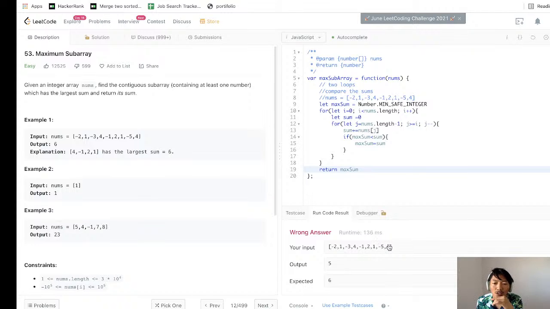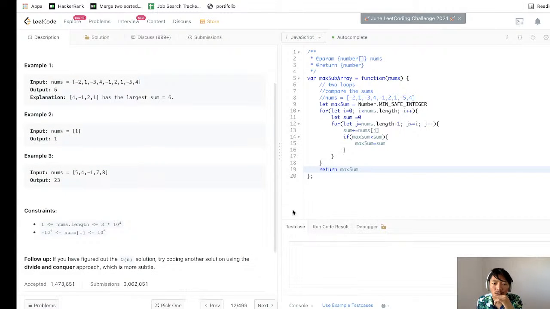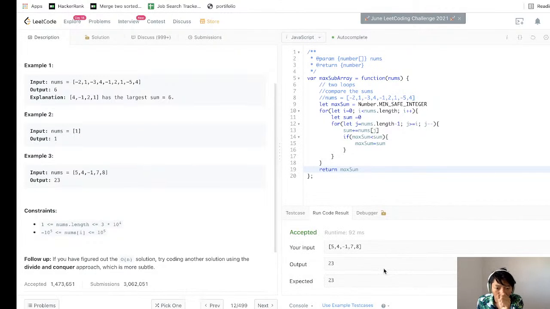We are getting output 5. It should be, okay, so test case, maybe this one.